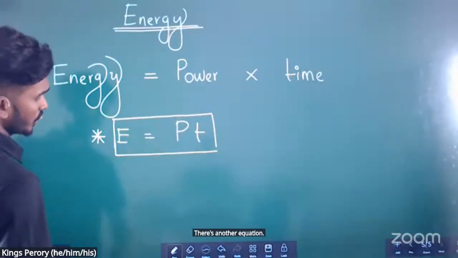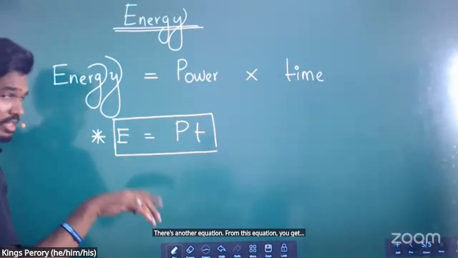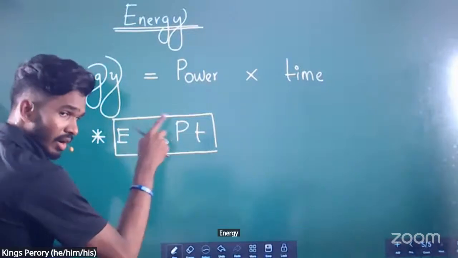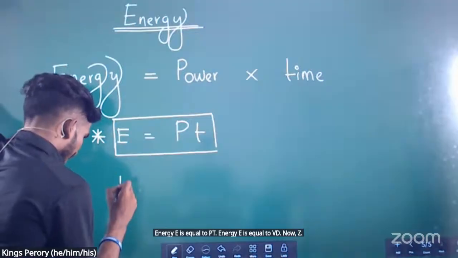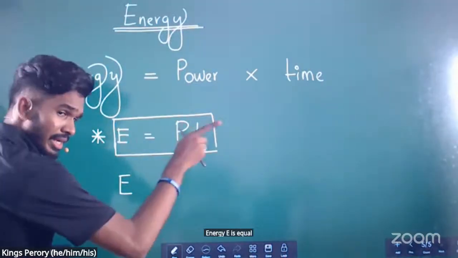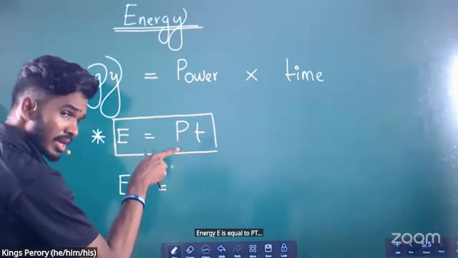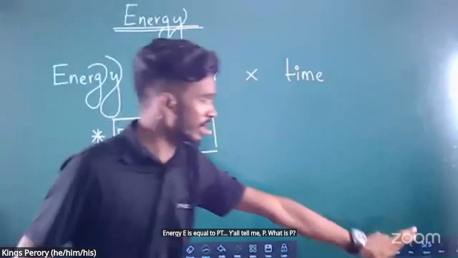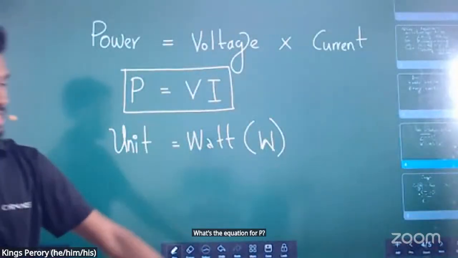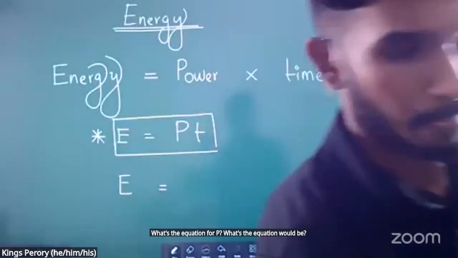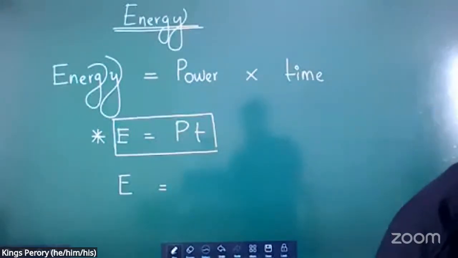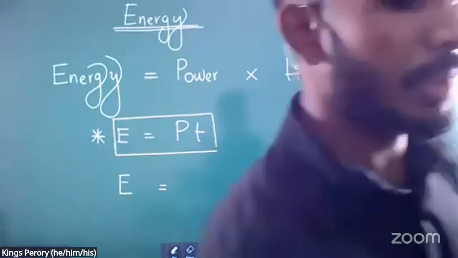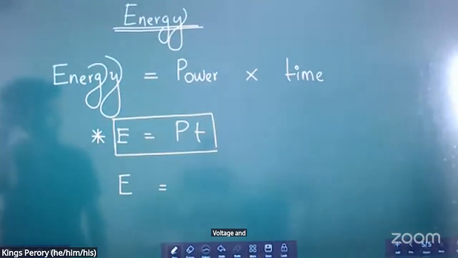There's another equation. From this equation, you get the second equation as well. See, energy E is equal to PT. You all tell me, what's the equation for P? Voltage into current.